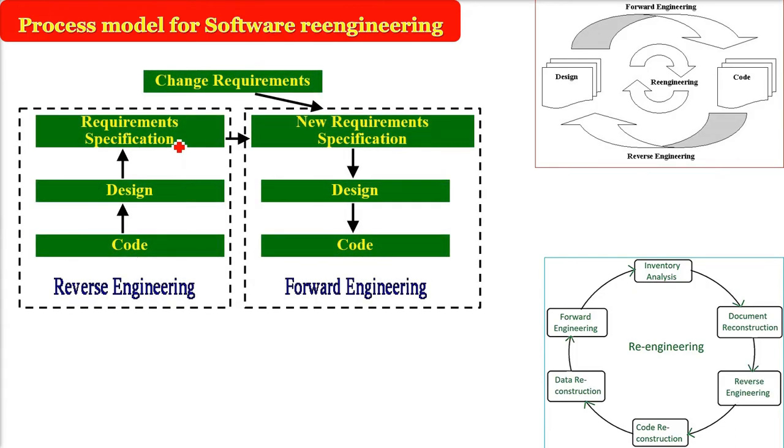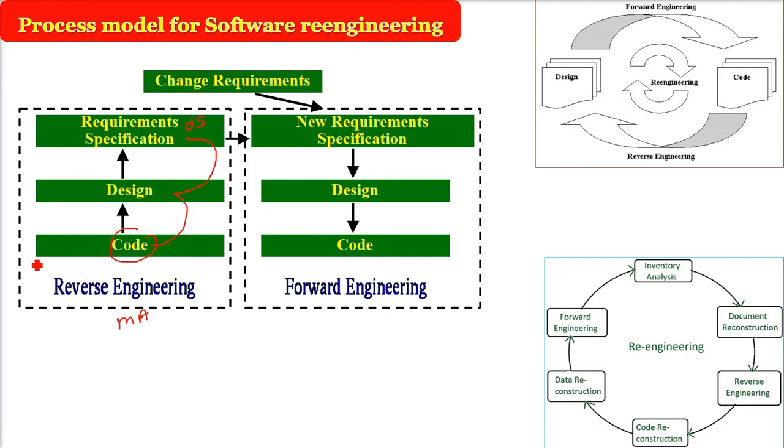Process models for software re-engineering. Whenever you have a big project and big proposals to change, you start with reverse engineering. You already have the code, and there may or may not be documents to help you. So you start with the code, go to the design, and then you create the requirement specification.